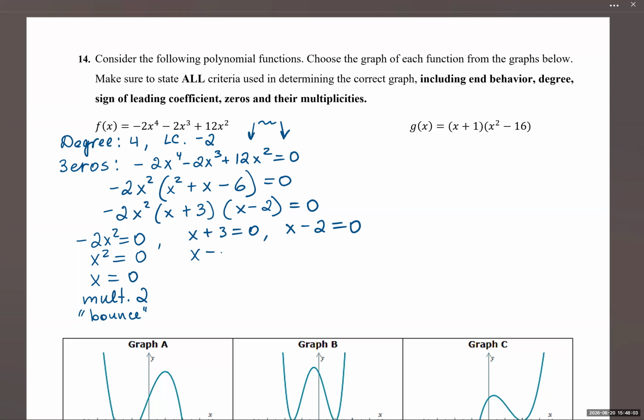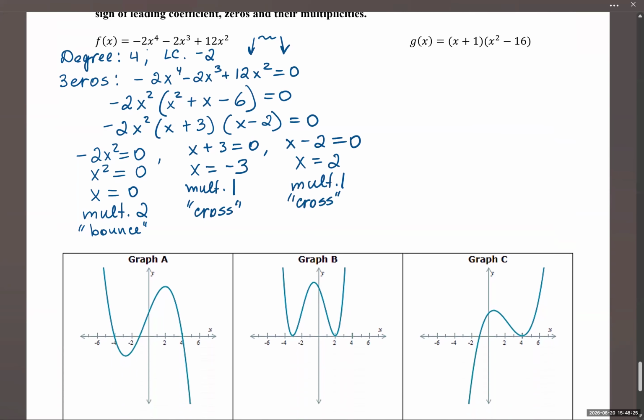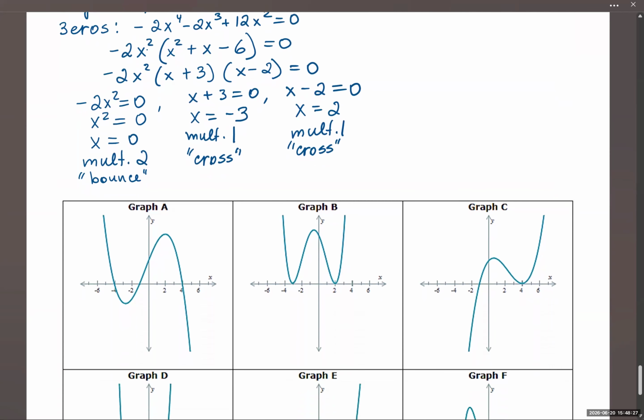X equals -3 on this one. Multiplicity is 1, odd multiplicity will cross the x-axis at this spot. X equals 2, and again, multiplicity is 1, so we'll cross at that spot. Let's go ahead and see if we can match a graph. So we're looking for the end behavior first and foremost.